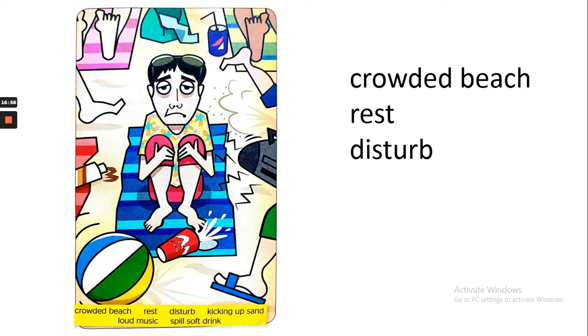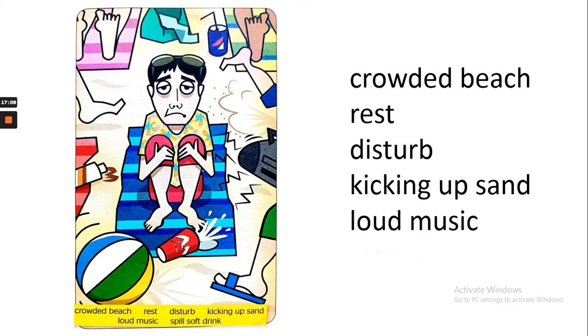Disturb means ganggu. Kicking up sand. Kicking up means sepak, menyepak, dan sand means pasir, menyepak pasir. Loud music, music yang terlampau kuat. And spill soft drink, minuman tertumpah.